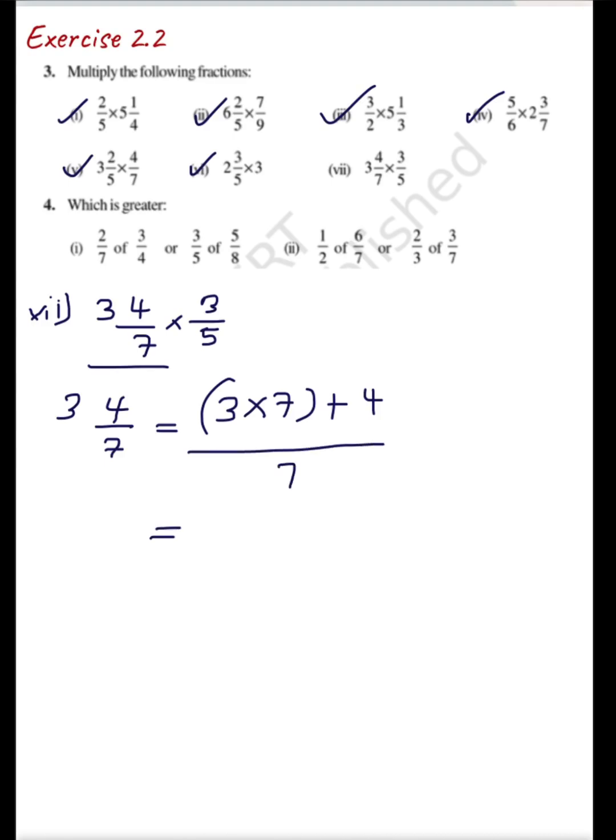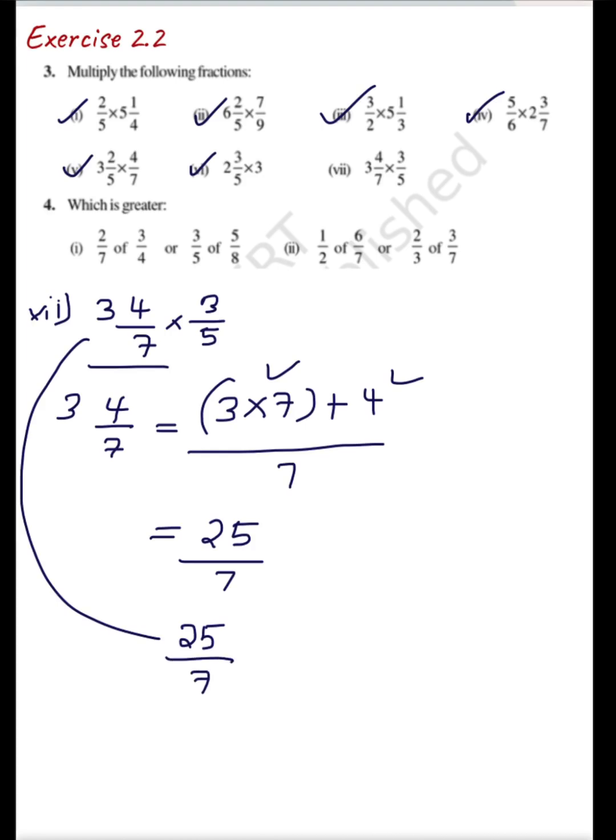What is 3 into 7? It's 21. 21 plus 4 is 25. So 25 divided by 7. Now our question will turn into, instead of 3 4 by 7, you can write it as 25 by 7 into 3 by 5, which is in the question.